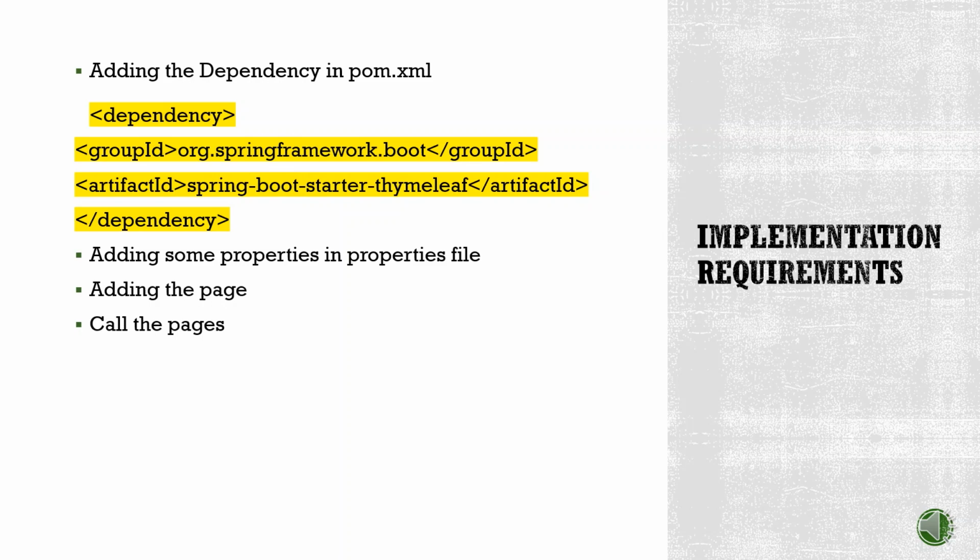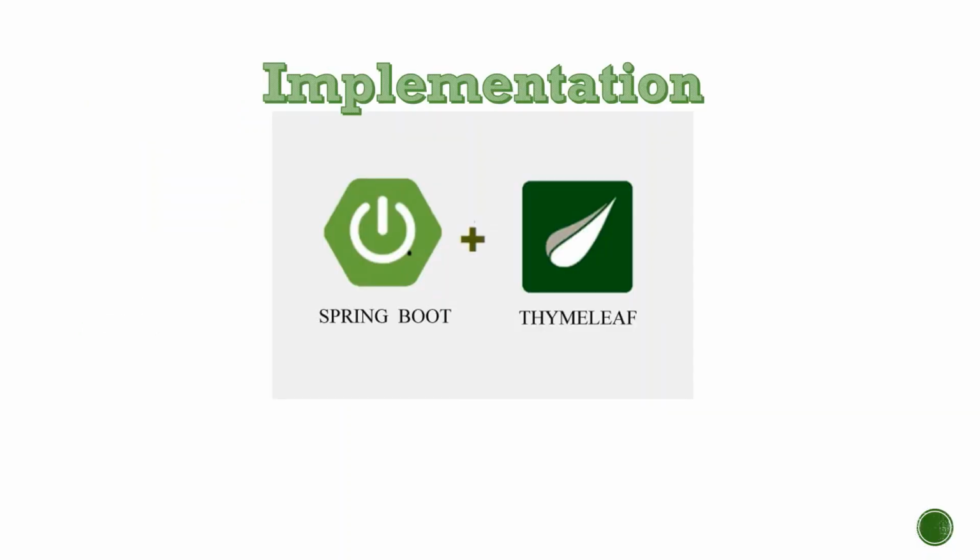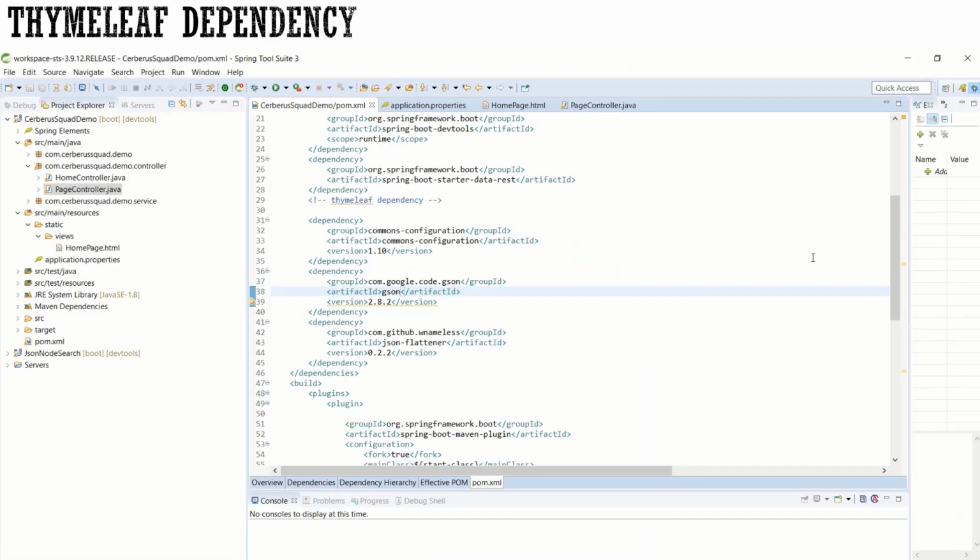We have discussed what Thymeleaf is and what the requirements are to implement it. Now it's time to crack the answer. Let's move on to the implementation part. We have discussed the implementation requirements for Thymeleaf.